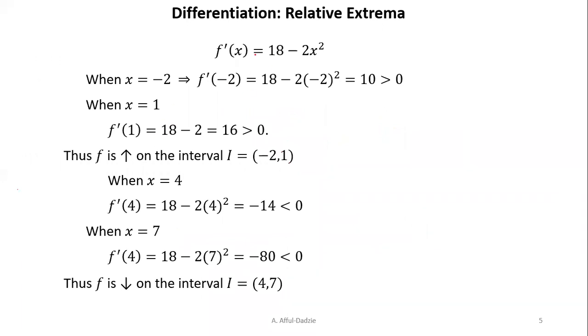So having taken the derivative, we try the two points. When x equals minus 2 and you substitute it into this expression, we have positive 10, which is greater than 0. When x equals positive 1, we have 16, which is also greater than 0.